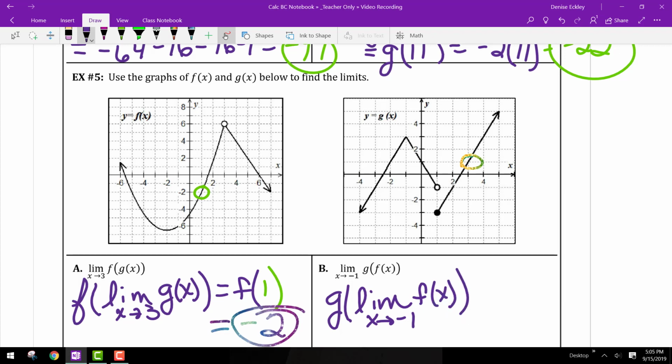Okay, looking at our graph of f, we're now looking for the limit at negative 1. So going to negative 1, and we see that the limit is here at negative 6. So we're going to be looking for g of negative 6. So we go to our g graph, and we're going to go to negative 6.